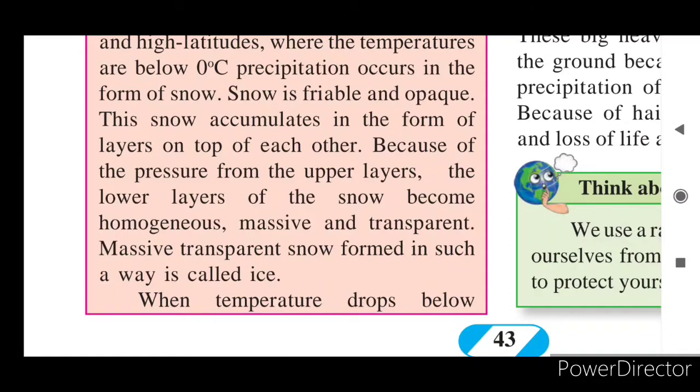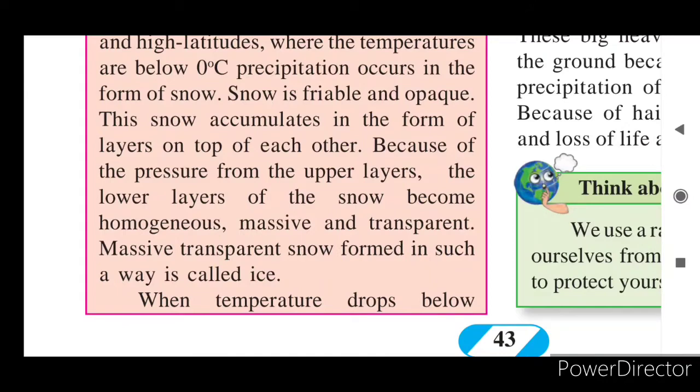So here it is said that there is a difference between snow and ice. What is that difference? See, in the areas at high altitude, where the temperature is very low, below 0 degrees Celsius, in those places we can see the precipitation is in the form of snow. And we have seen that snow does not flow like water, snow deposits at the place.